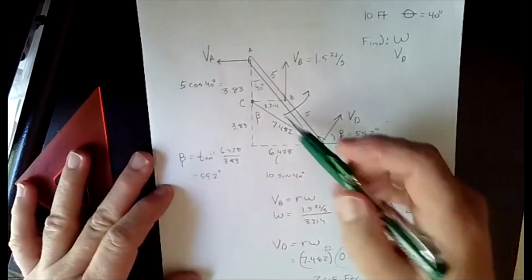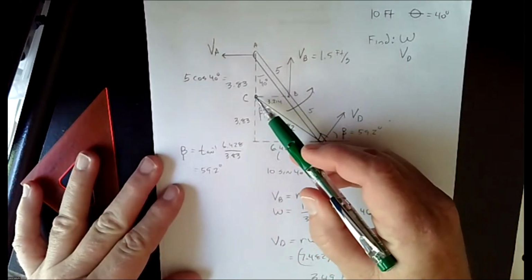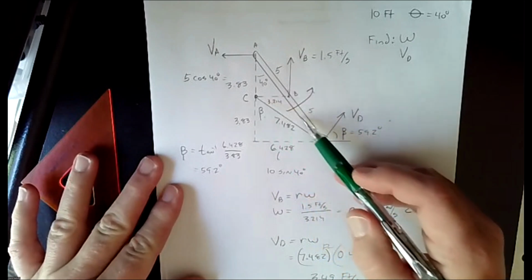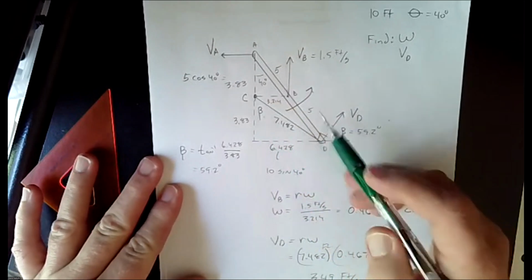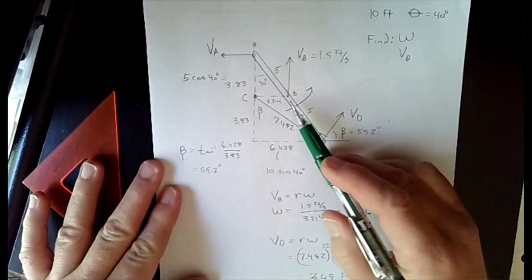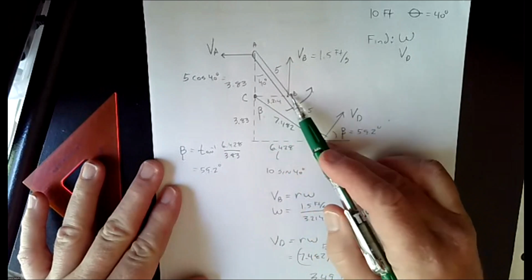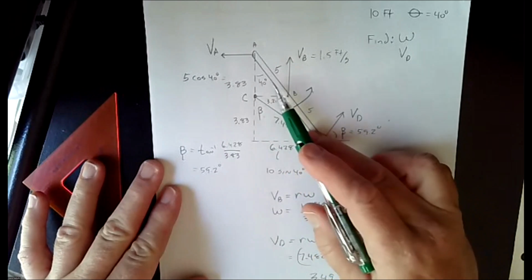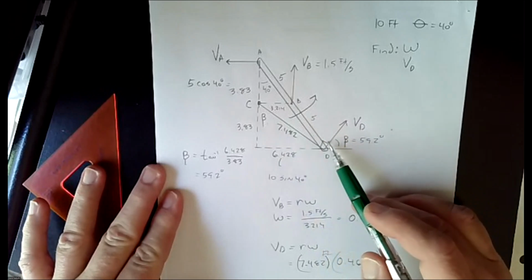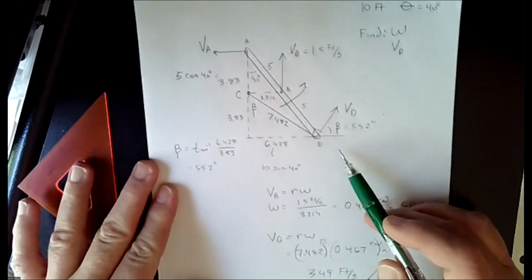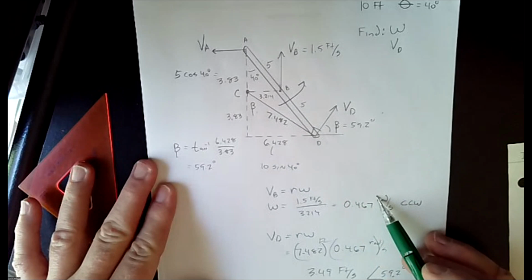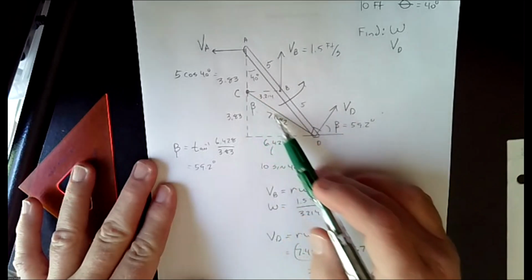So you have this point here, so that allowed us to pretty much use just basic trig to find these distances. And then once we knew omega from this little distance here, that velocity, we know omega has to be the same on the whole rod, so we could essentially find it anywhere. So if we extended this down farther, all we would need to do is connect a line.